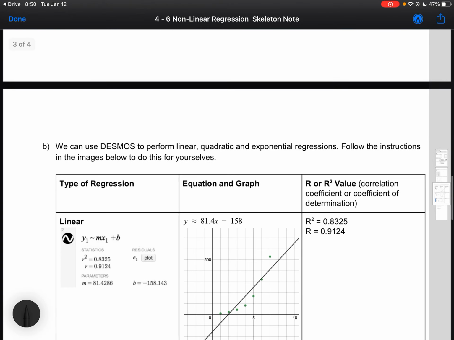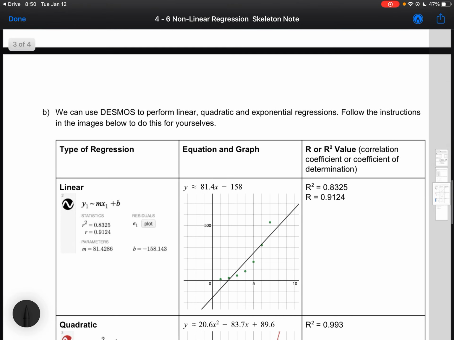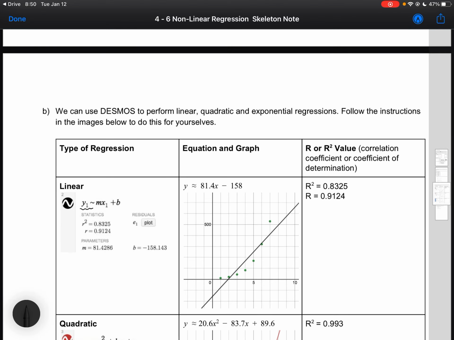Next, we're going to perform linear, quadratic, and exponential regressions. The instructions are here for you. This one here is the linear regression. It is important that you use this symbol. That's what helps you to get the fit, and then it displays the coefficients for you.